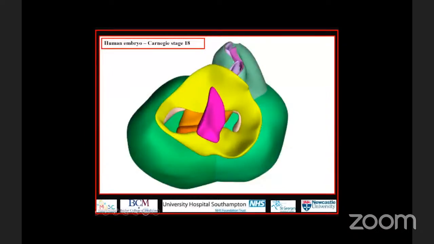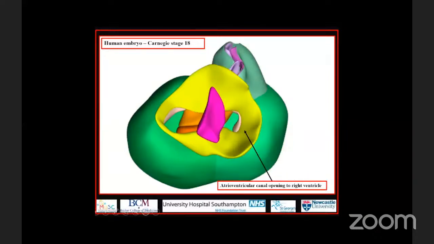So here we are, showing you the view of the reconstructed human embryo. Again, this is from one of the interactive PDF files prepared by Wout Lamers and Jill Hikspoors, and we're looking at this at Carnegie stage 18. We're looking down on the atrioventricular junction from above, and again we see the atrioventricular canal myocardium in yellow.